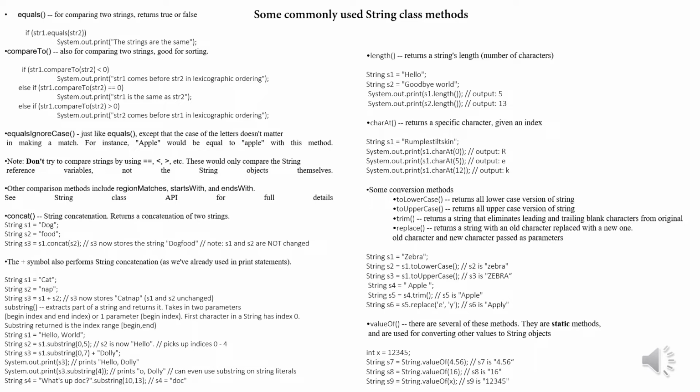There are some other methods that can be used for converting, right? They are called conversion methods. So toLowerCase is one of these methods. It is used to return all lowercase version of a string. toUpperCase is another method that will be used to return all uppercase version of a string.